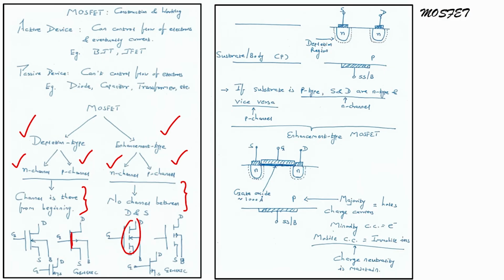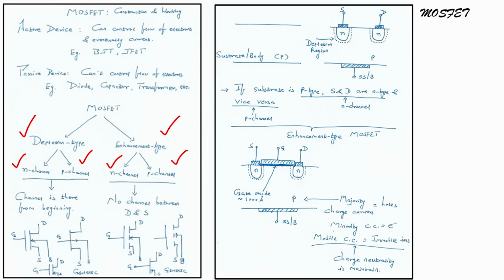So, an easy way of understanding whether it is enhancement type or depletion type, when you are given the symbol for the transistor, is to see if there is a break, so source and drain are not connected, then it is your enhancement type. If source and drain are connected in this particular fashion, then it becomes your depletion type, because the channel is present in depletion type and absent in enhancement type. This is another way of recognizing the type of MOSFET.